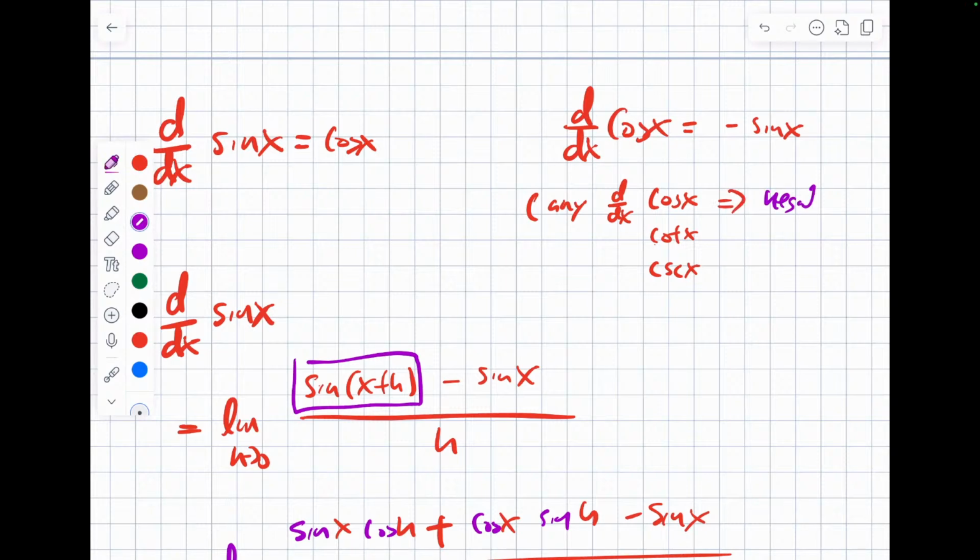Always negative. So any trig function with a C in the front, if you take a derivative of it, it always ends up being the negative of something else. They are correlated.